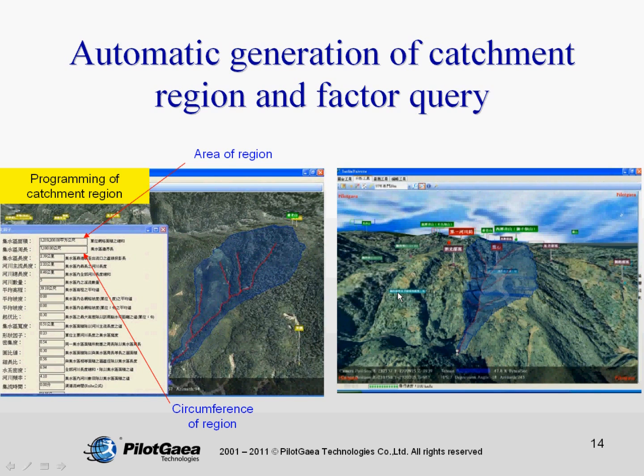Besides, the system shows some environmental vector queries like the area and circumference of the catchment region in the left figure. Although, before query, the related data of this region must be collected.